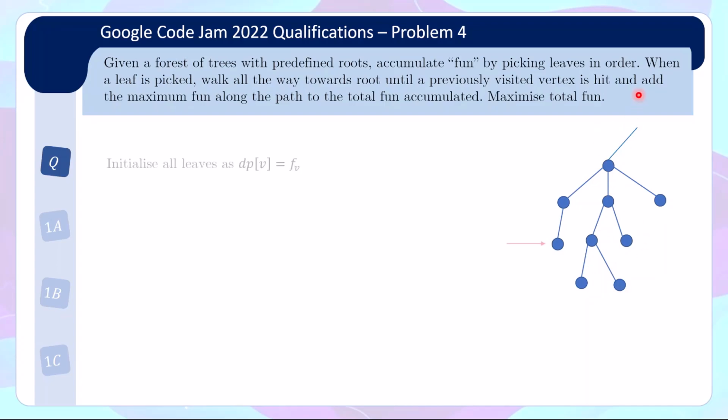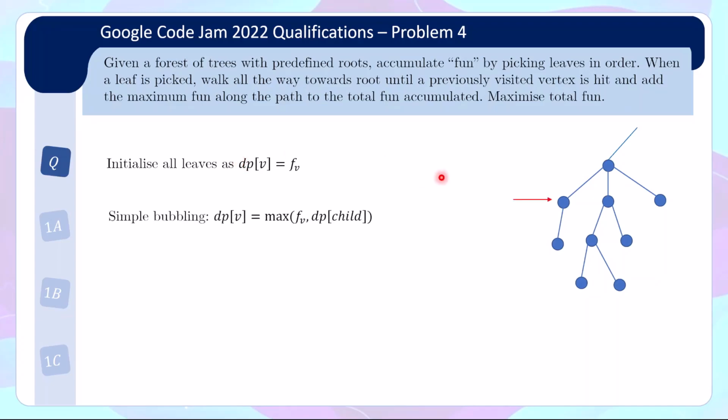And what are these values that we store? We initialize all the leaves to have the DP value of the leaf being the fun value. So FV refers to the fun value of vertex V. DP is the value that we are interested in bubbling upwards.